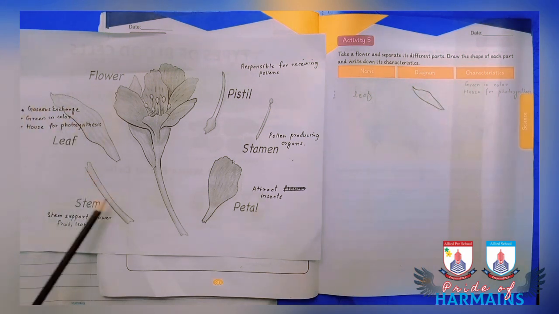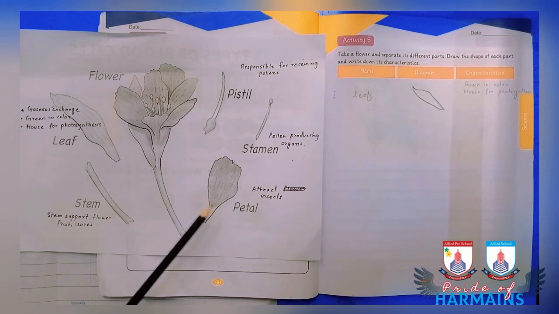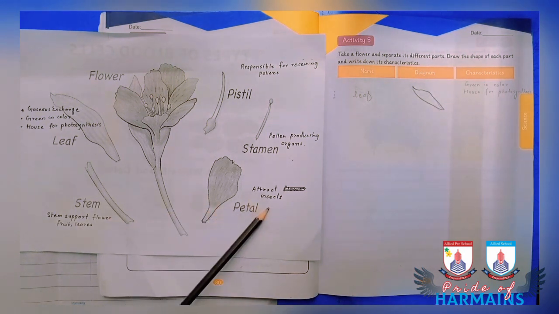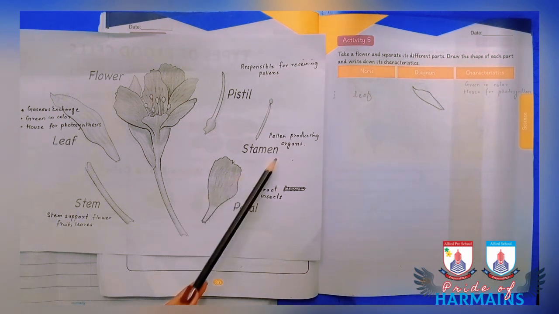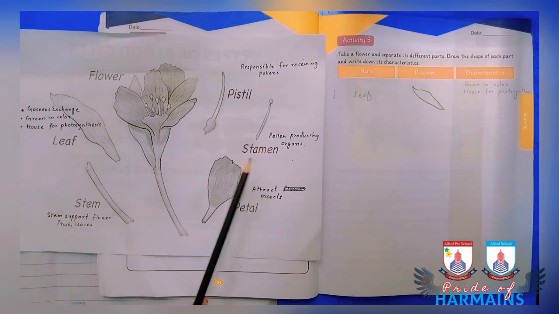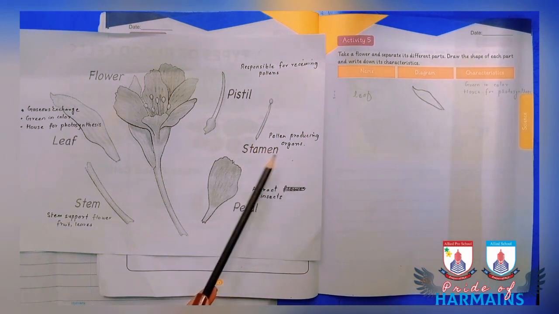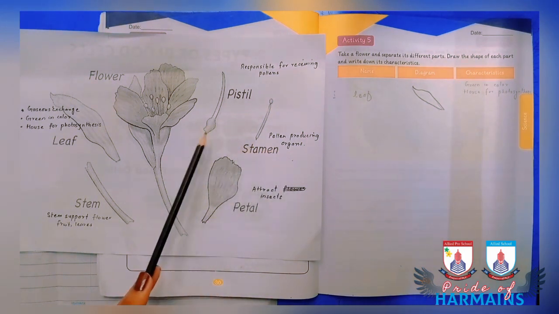Then coming towards stem, this is the second part. A stem usually supports flowers, fruits and leaves. Then the petals. The main purpose of petals is to attract insects. They are colored, so usually insects feel attracted toward them. Then the stamen. Stamen is basically the pollen producing organ.